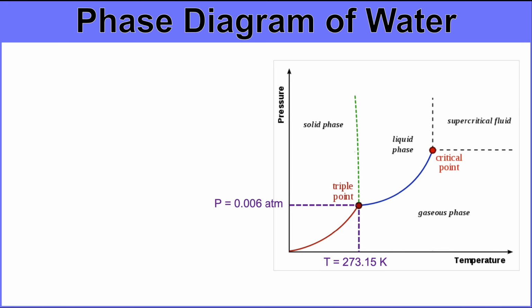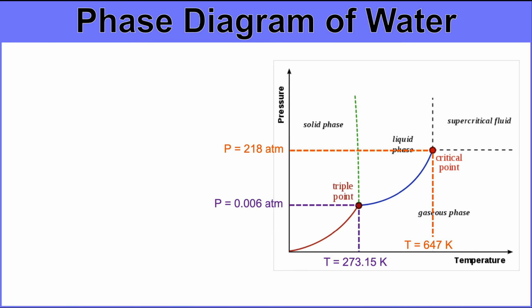Also notice that the critical temperature is 647 Kelvin, which means that it would be impossible to convert water from a gas to a liquid by compressing it above this temperature. Now, the critical pressure of a substance is the pressure required to liquefy a gas at its critical temperature, and water has 218 atmospheres.